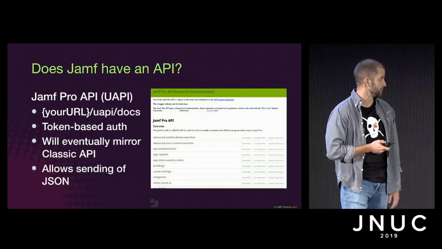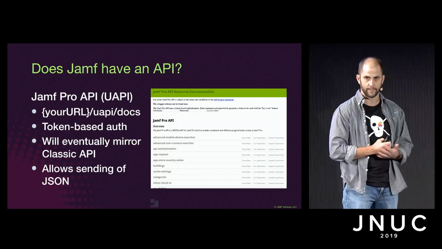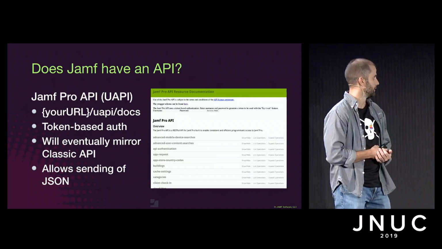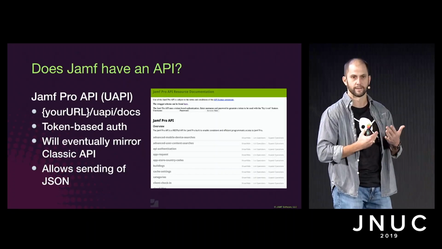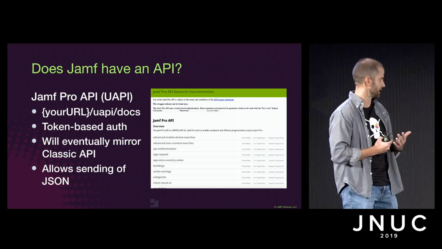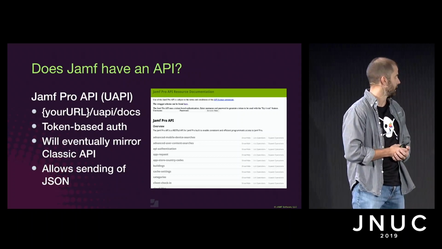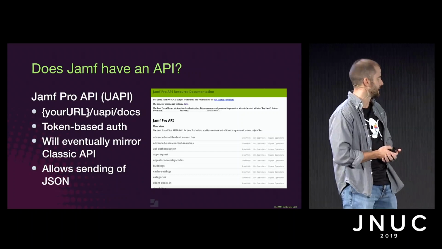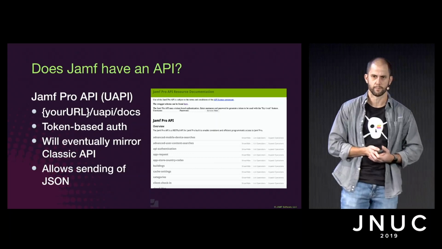Other than the classic API, we have the Jamf Pro API. This is the newer API. It has different endpoints than classic. The end goal is for everything that's in classic to also be in Jamf Pro API. This is the API that is being currently updated. Some key differences between it and classic is that it uses token-based authorization, so no username and passwords.